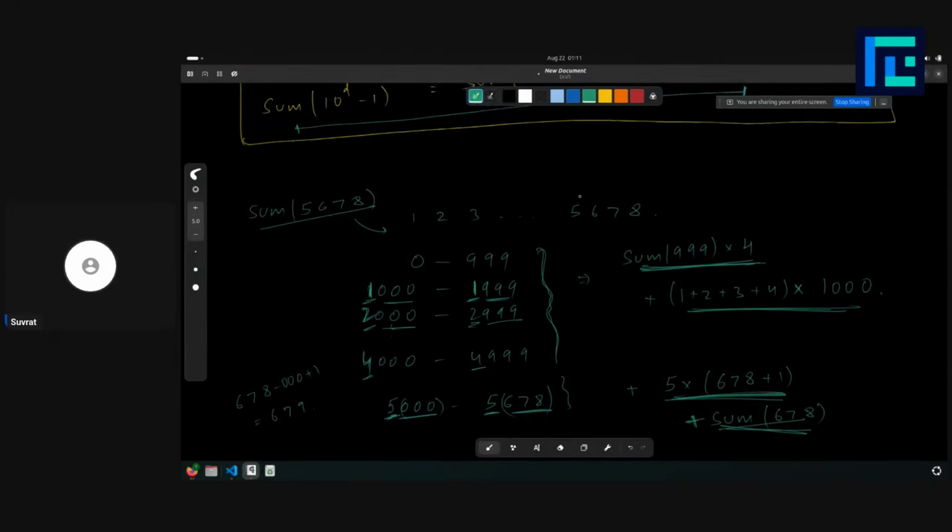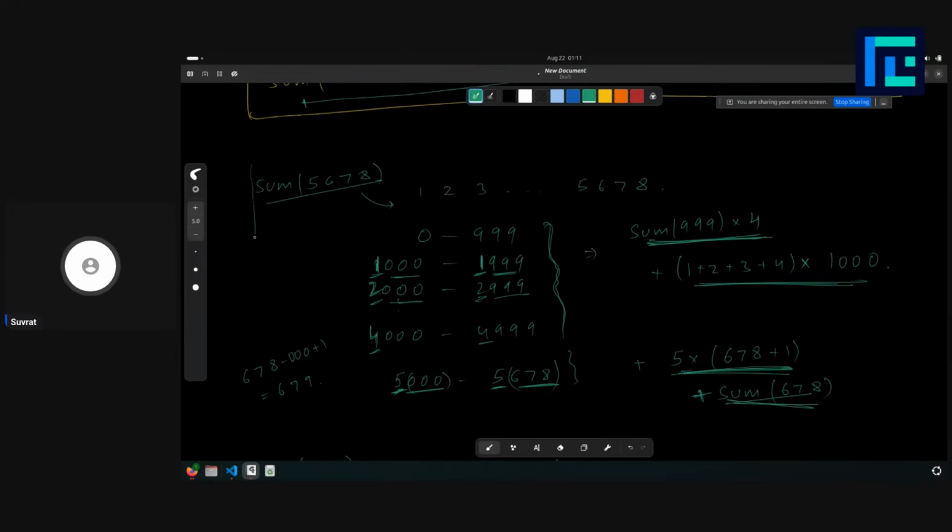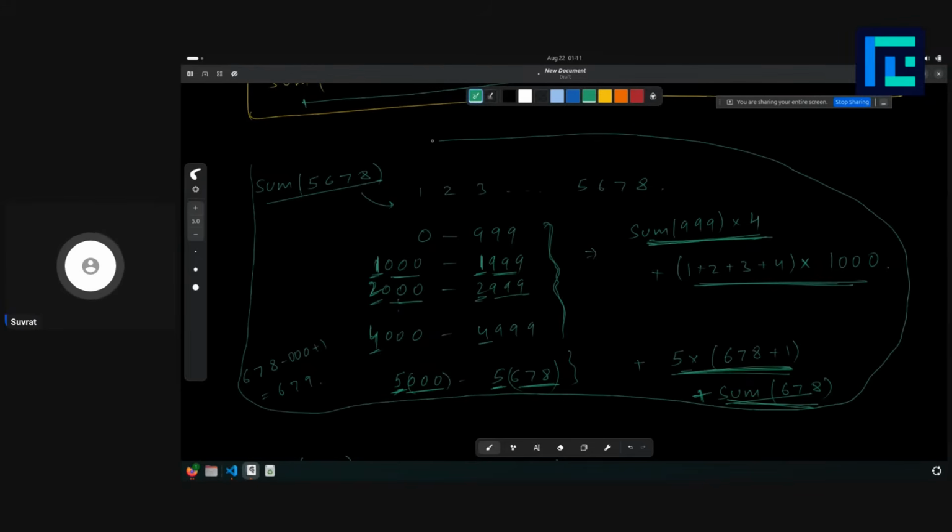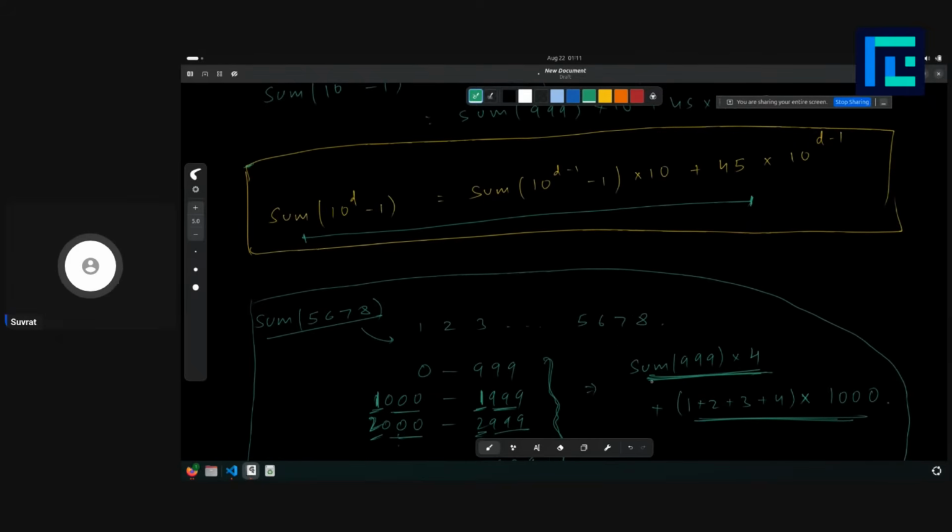So we can use this recurrence relation to calculate the sum of digits of all numbers till a certain number. And for sums till numbers like 99999, we can basically just recalculate them using this function.